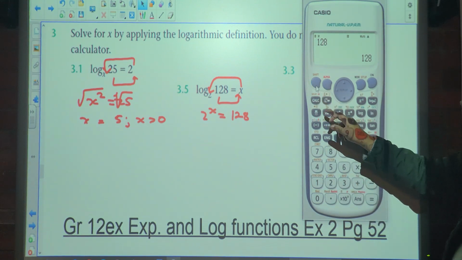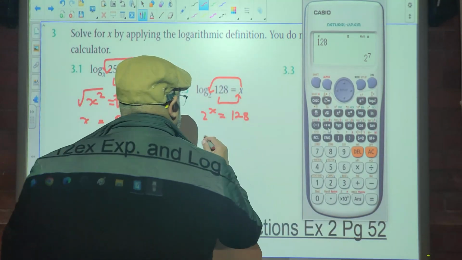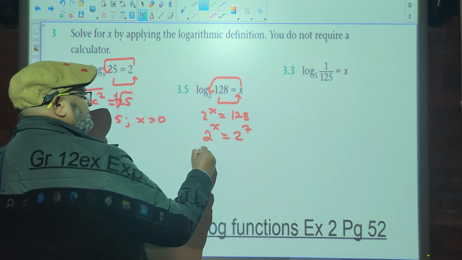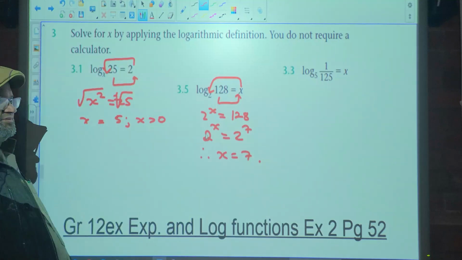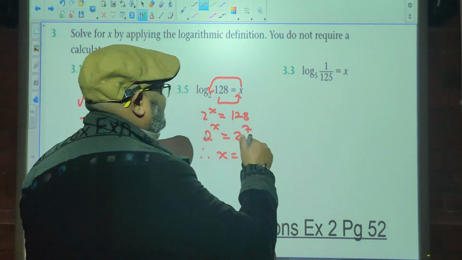So 2 to the x equals 2 to the 7. Therefore, x is equal to 7. The board can feel that it's weakened. It doesn't work any longer.